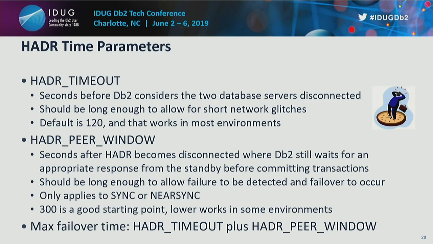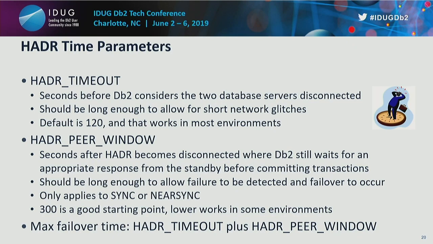The default is 120, and if you don't know anything else about your environment, go ahead and stick with that. I've seen people have a very small number here when they have a very stable network environment. I've seen people where I've had to increase this a little bit for a very, very unstable network environment. So it's something to just keep in mind there.